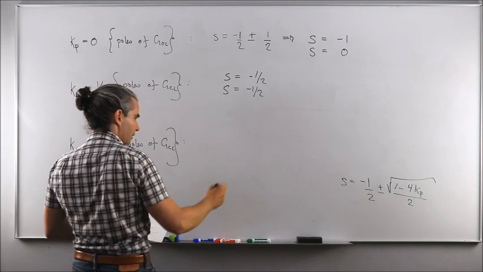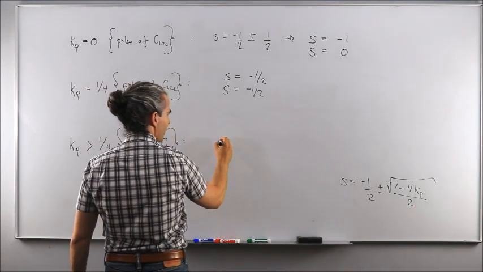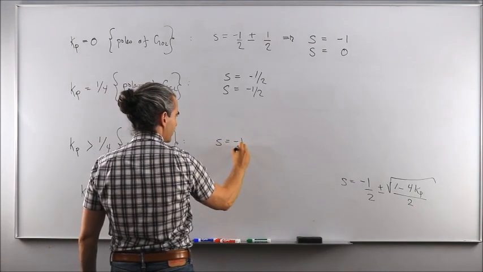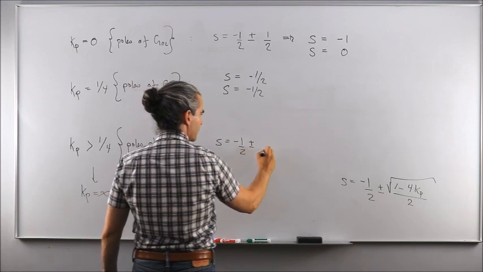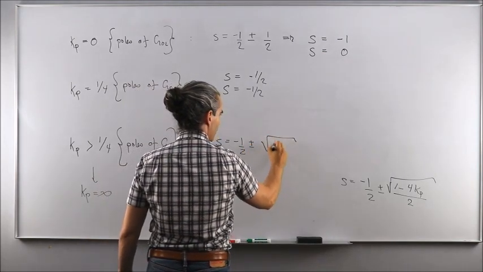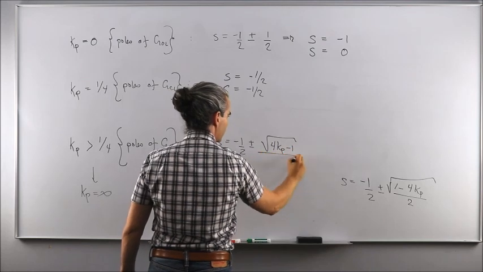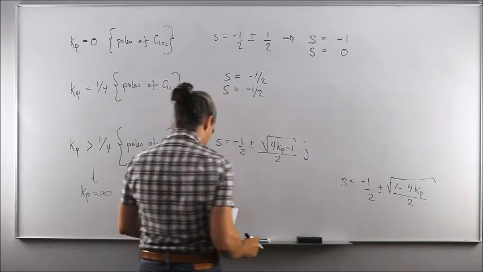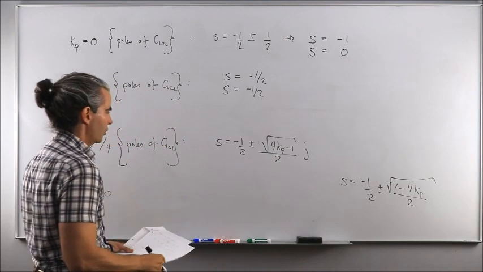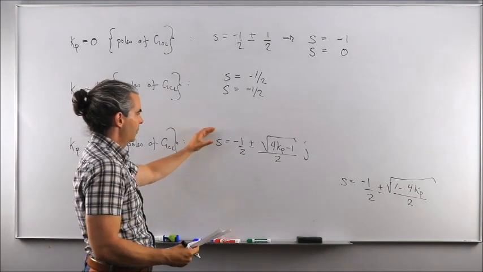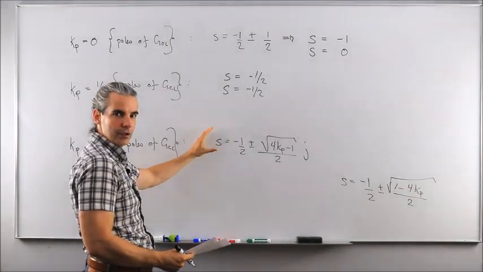In that case, you get what you have here. So s will be equal to minus 1/2 plus minus square root of 4 Kp minus 1 over 2 times j. So a pair of complex conjugate poles in the complex plane.